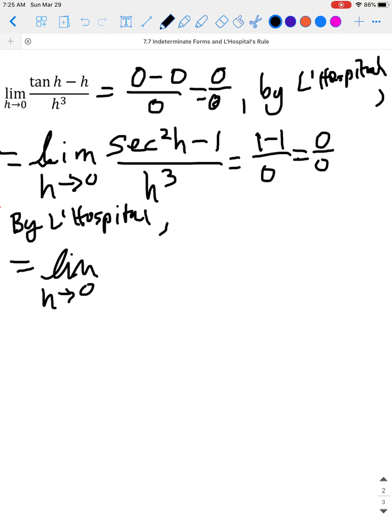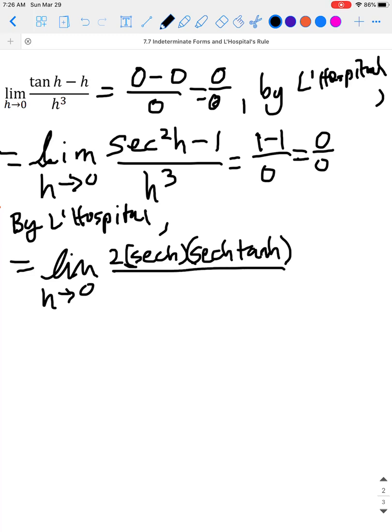Now we're going to have to differentiate secant squared. So we'll use the chain rule. So we'll have 2 secant h times the derivative of secant, which is secant times tangent. The minus 1 will just become 0, and then that'll be all over.